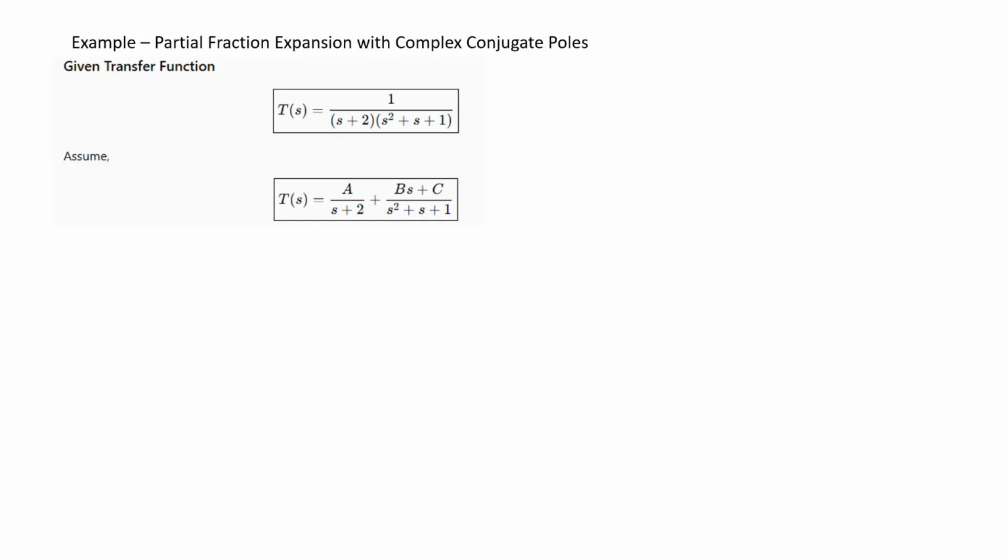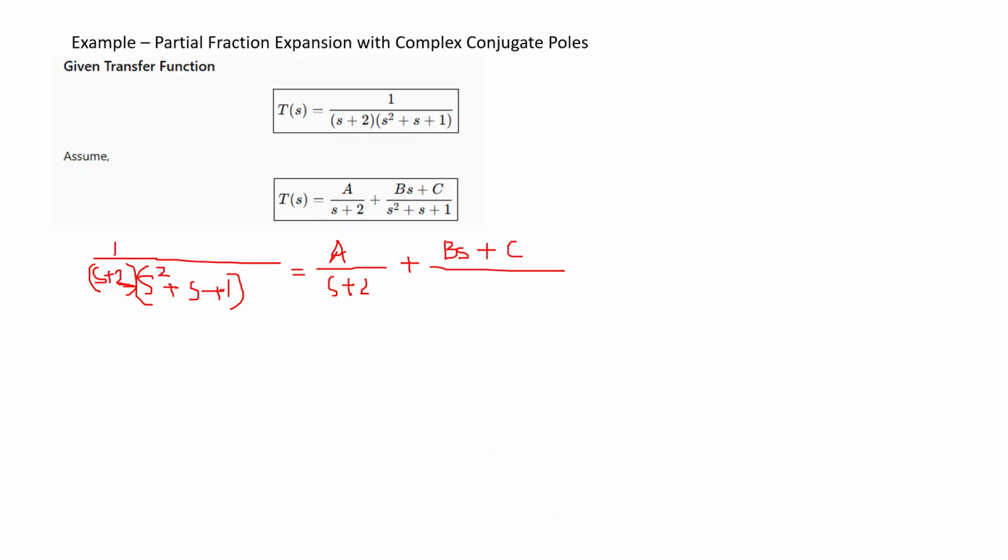By partial fraction expansion, this can be written as 1 by s plus 2 into s square plus s plus 1 is equal to the partial fraction form, a by s plus 2 plus bs plus c by s square plus s plus 1.